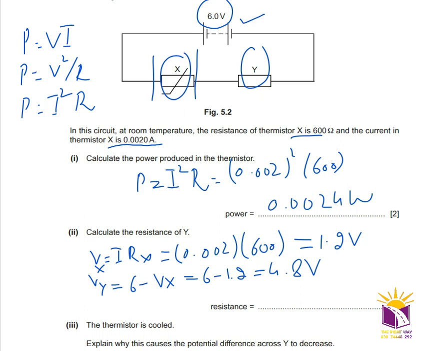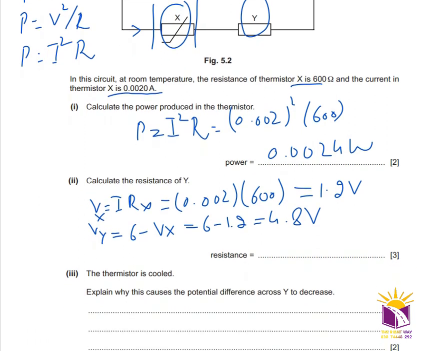Now I have to find the resistance of Y. The current in series remains the same, so the current will be 0.002, and by the formula V is equal to IR, R will be equal to V over I. Voltage across Y is 4.8 and the current is 0.002, and it will become equal to 2400 ohms. Our resistance will become 2400 ohms.